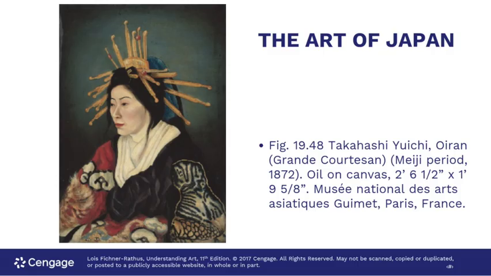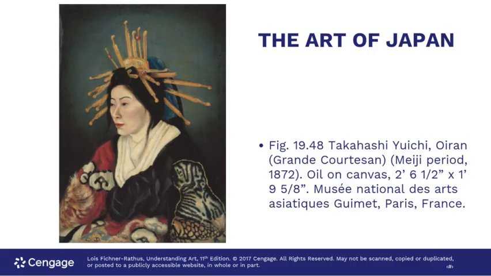And so this is a painting by Takahashi Yuichi, and he is depicting an idealized Japanese woman, and it's very much in a 19th century Western European kind of style.